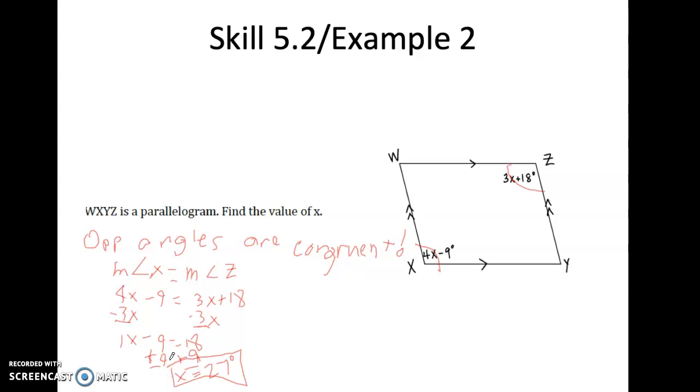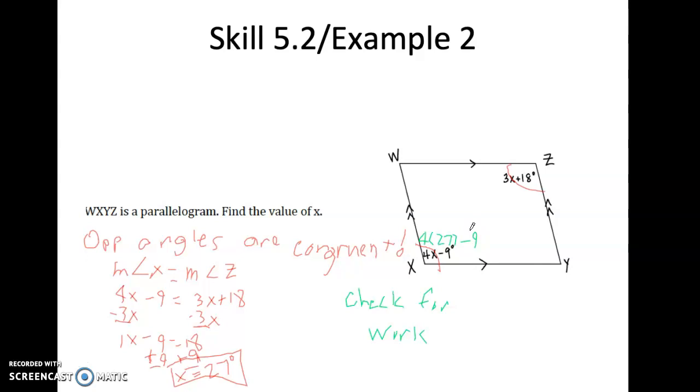Now, it says find the value of x on this problem. But sometimes I may ask, what is the total value of the angle? So to check for work, I'll do this in my green pen. And even if it doesn't tell you to find the angle, this is a very good way to check your work. So I do 4 times 27 minus 9.